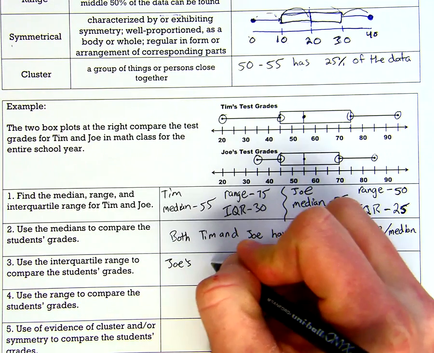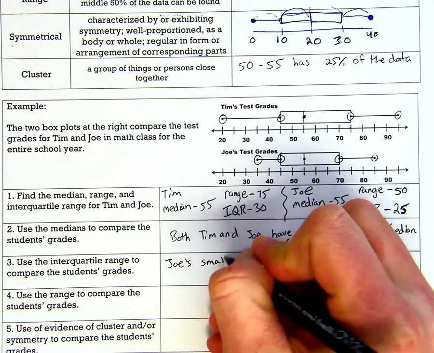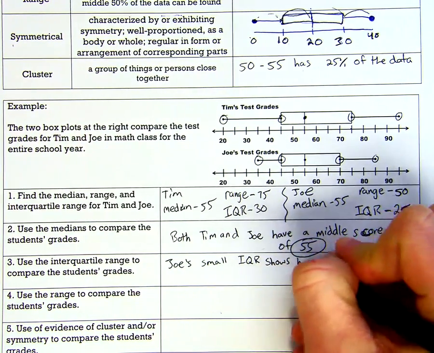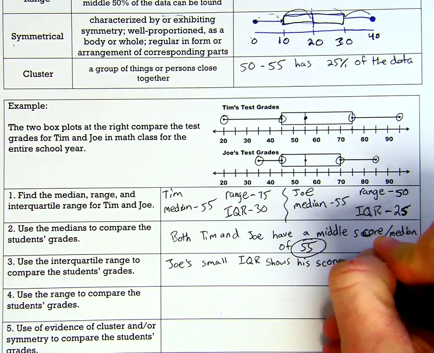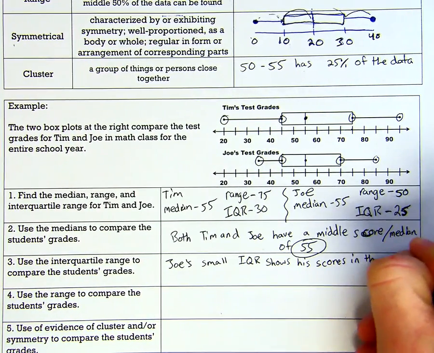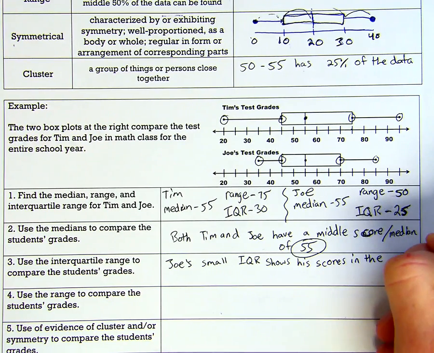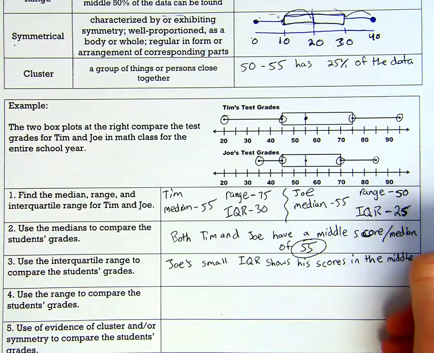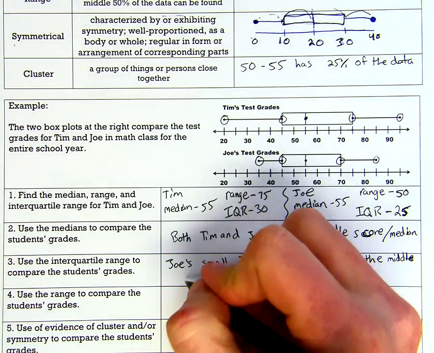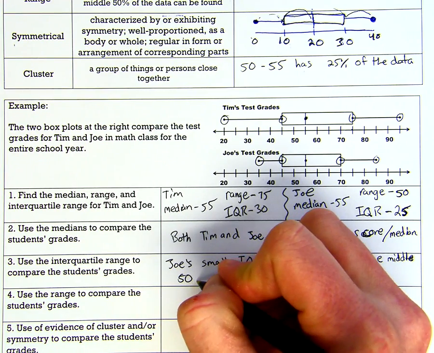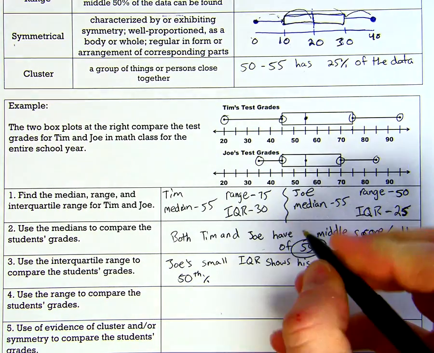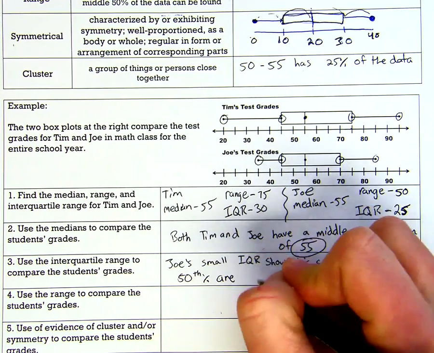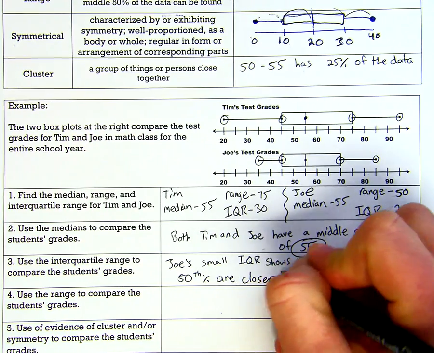So we'll say Joe's smaller interquartile range shows his scores in his middle 50th percentile are closer together.